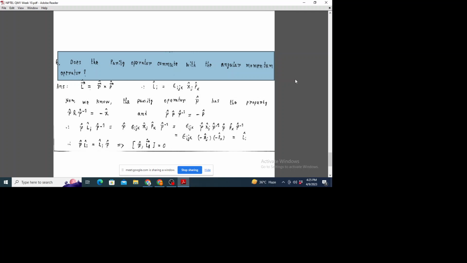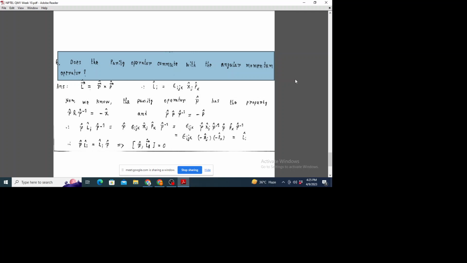So under the operation of parity, r goes to minus r, p goes to minus p. So that means r cross p will remain the same, because minus minus will cancel each other. So the angular momentum r cross p will remain unchanged under parity.